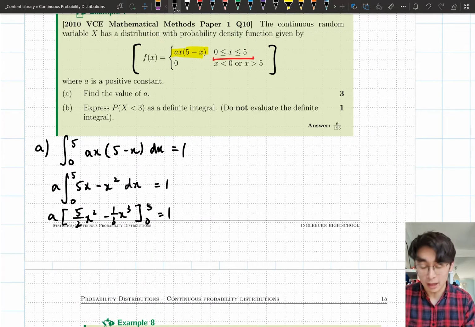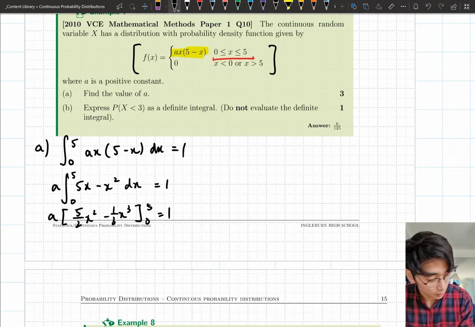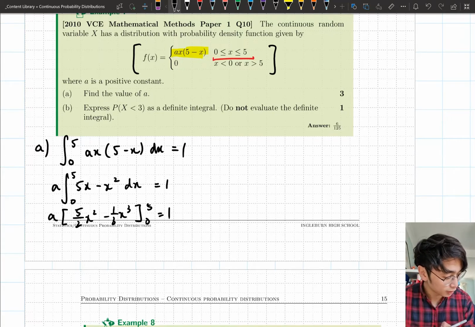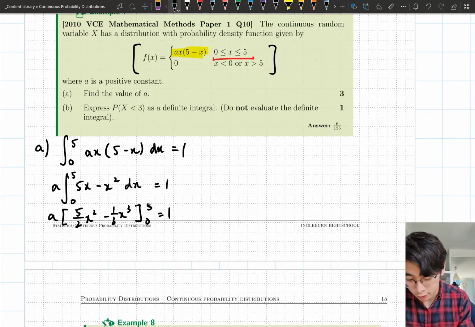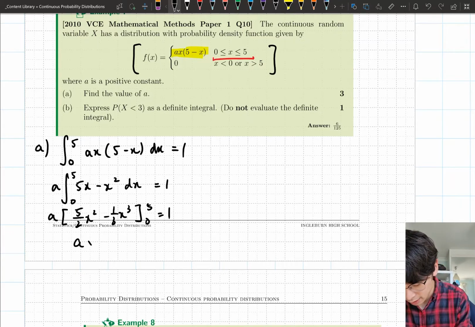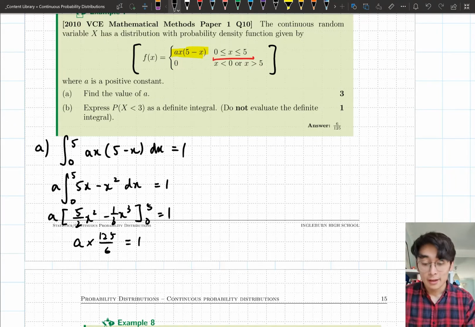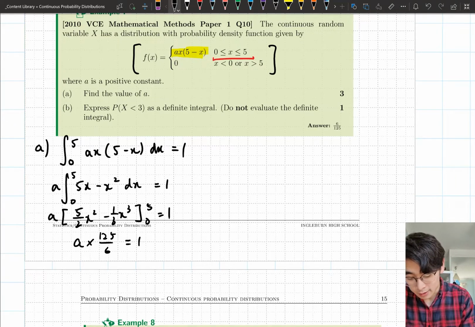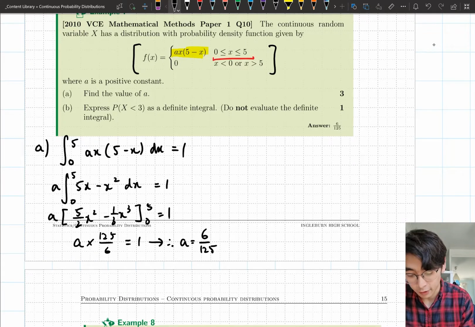When I sub in 5, I end up getting, let me just check what I've got here, 125/6, so a times 125/6 is equal to 1. And so if I want to find what a is, I just divide. So therefore, a is equal to 6/125.